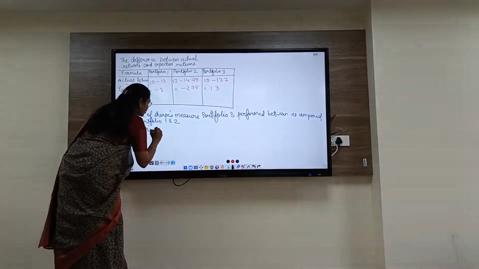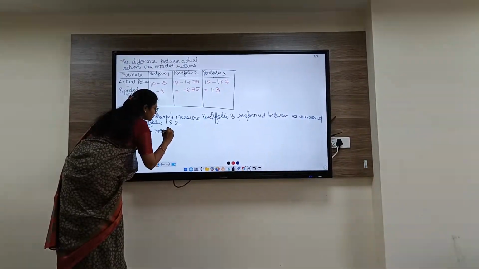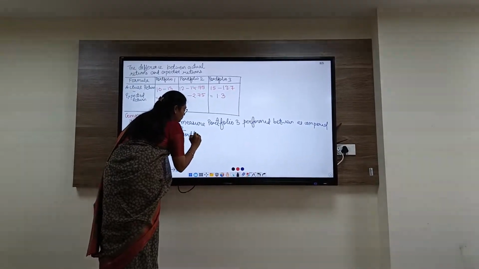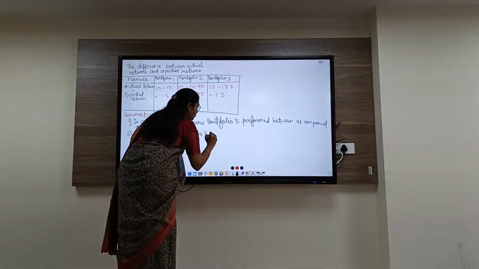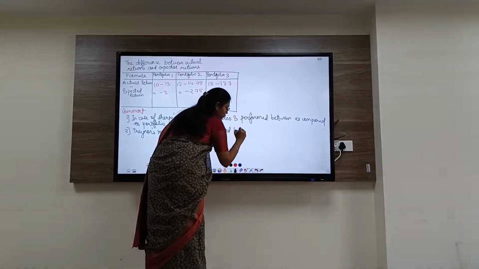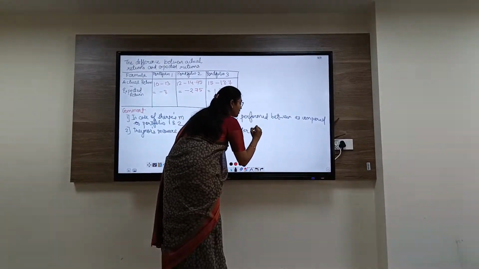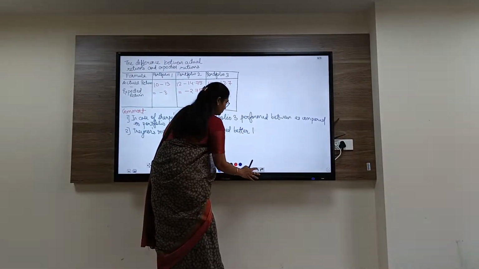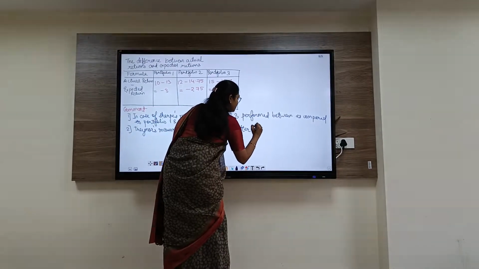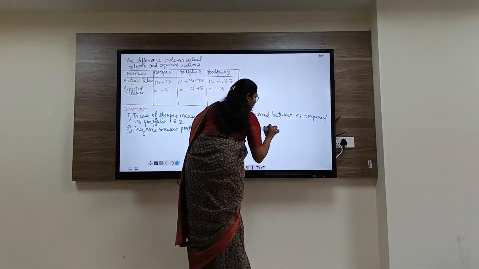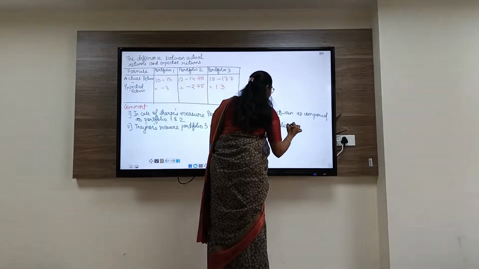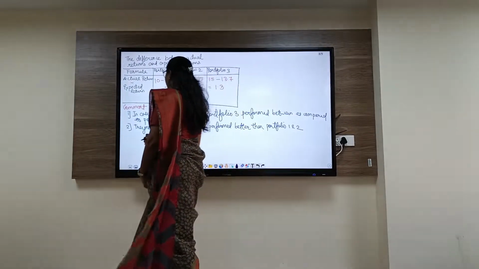So in the Treynor's measure also, portfolio 3 performed better than portfolio 1 and 2.